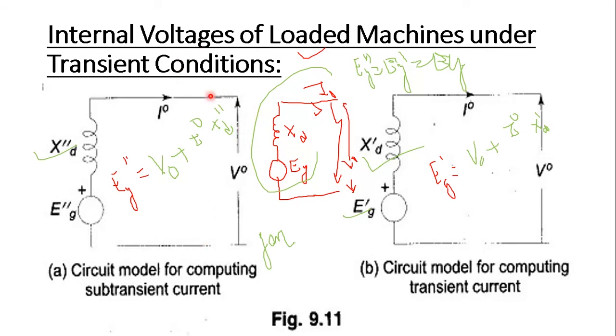We are not going to change the rest of the network, but the generator or motor we can represent by its subtransient or transient reactance in series with the voltage source.